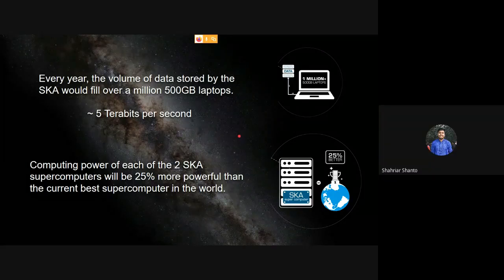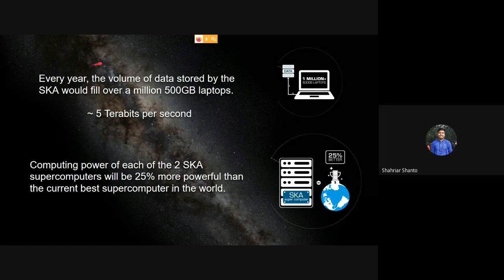Go on. So the amount of data produced is very large, enormous. Like the SKA, the data produced by SKA would fill over 5,500,000 GB laptops. That is the data rate of 5 terabits per second.